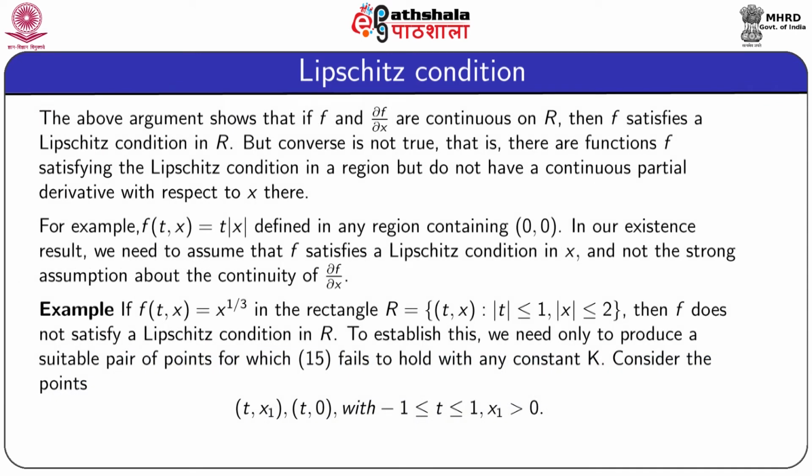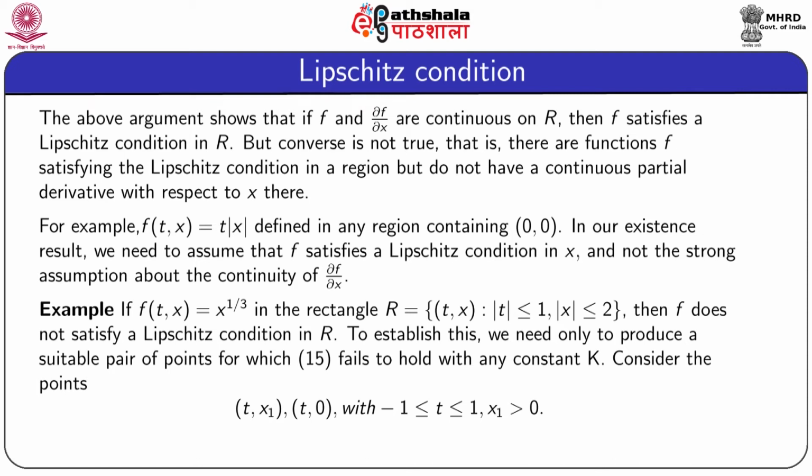The above argument shows that if f and ∂f/∂x are continuous on R, then f satisfies a Lipschitz condition in R. However, the converse is not true. That is, there are functions f satisfying the Lipschitz condition in a region, but do not have a continuous partial derivative with respect to x there.